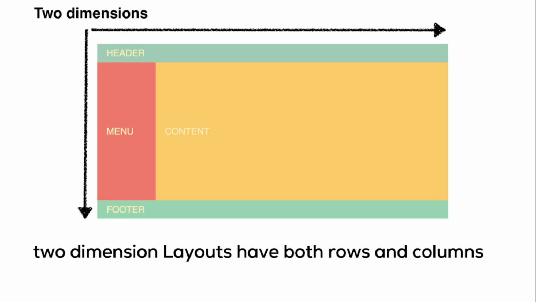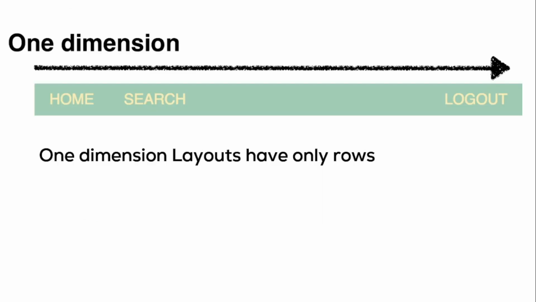as you can see, let's first look at a one-dimension layout. So this is a one-dimension layout, it has only rows. So when you are arranging items in a row, only a row, that is a one-dimension layout.